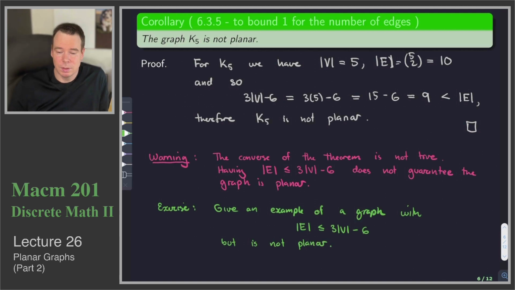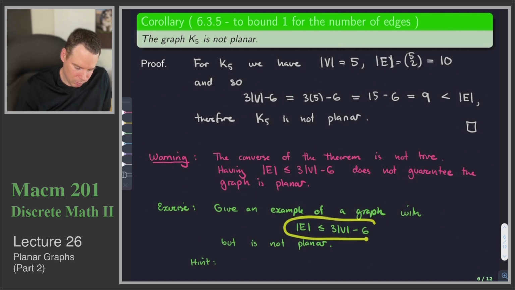So it does have the edges bounded by 3V minus 6, but it's still not planar. And here's my hint. We really only know of 2 non-planar graphs right now. We know K5 and we know K3,3. We've just worked out K5, and we found that the number of edges is bigger than 3V minus 6. So that won't be our example here because it doesn't satisfy this statement. But what about K3,3?